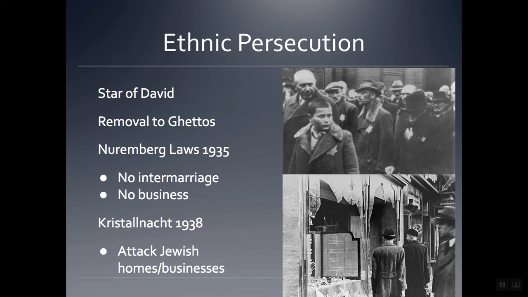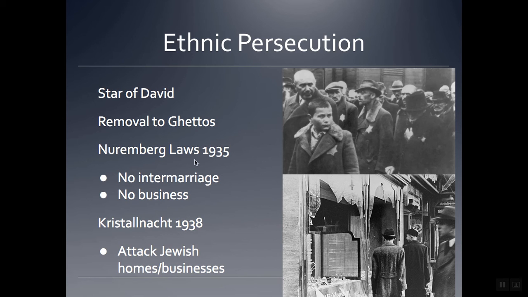So Jews are forced to wear the Star of David as a way to identify them. And the only reason you would need to identify somebody is if they're being targeted for whatever reason.